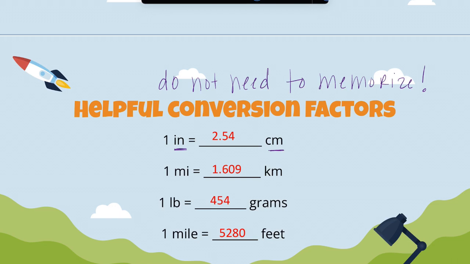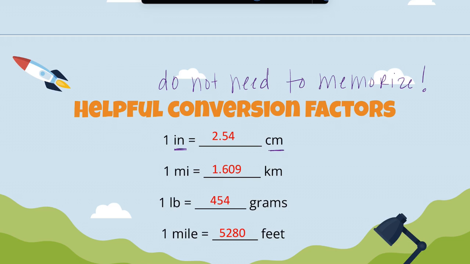So this can help us when we're converting masses. And then even though this is the imperial system, it's not a conversion that a lot of people have memorized. So I do give it to you that 1 mile is 5,280 feet. So just keep those in mind when we start doing our conversions, that those might help us convert between the imperial system and the metric system.